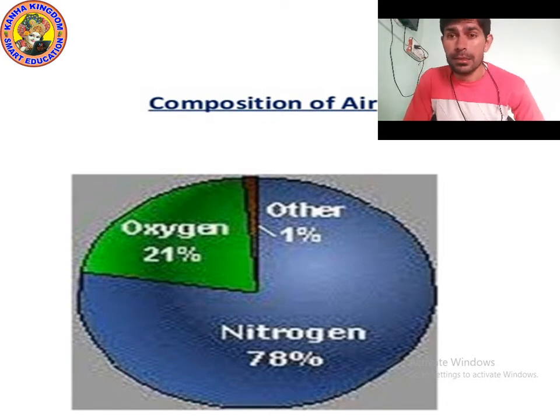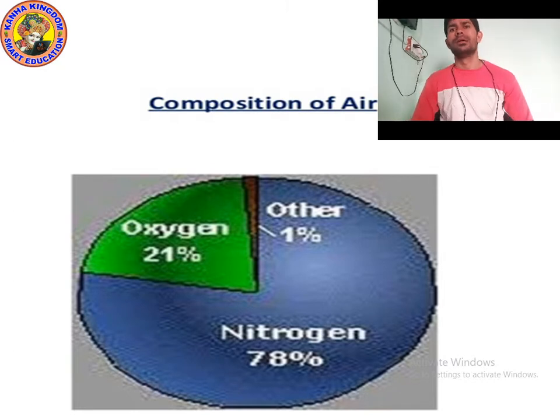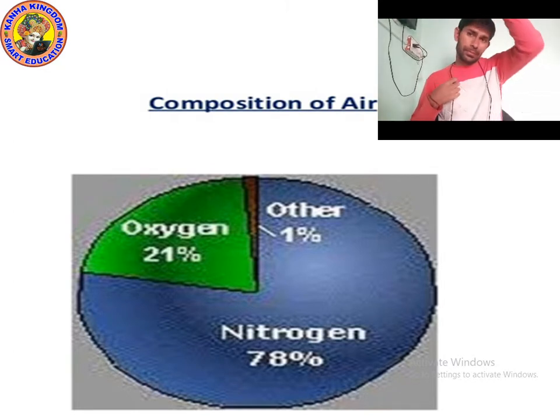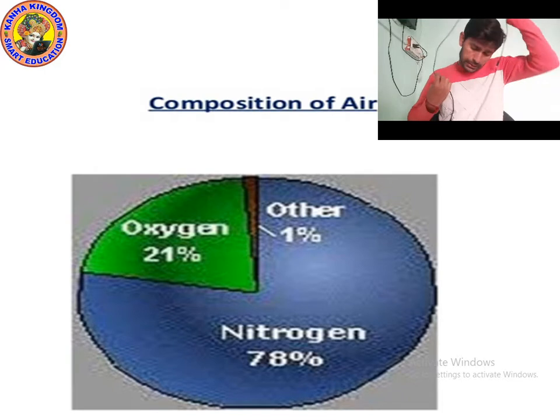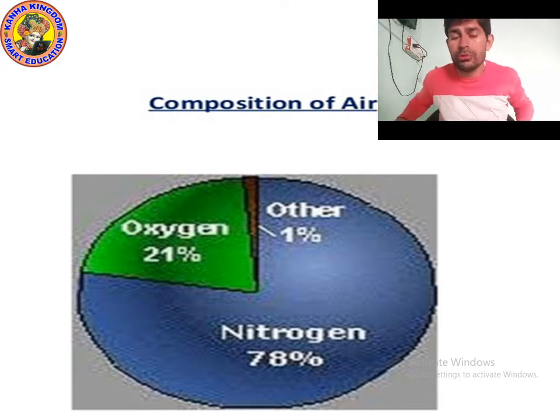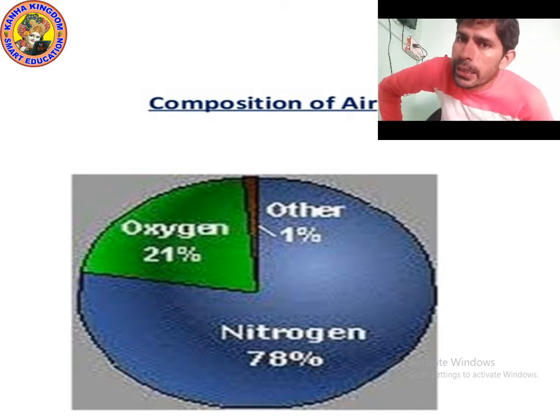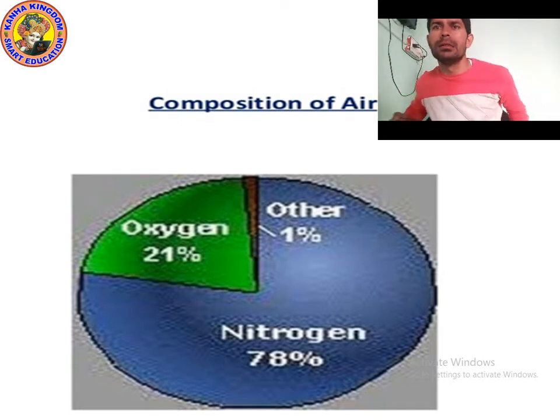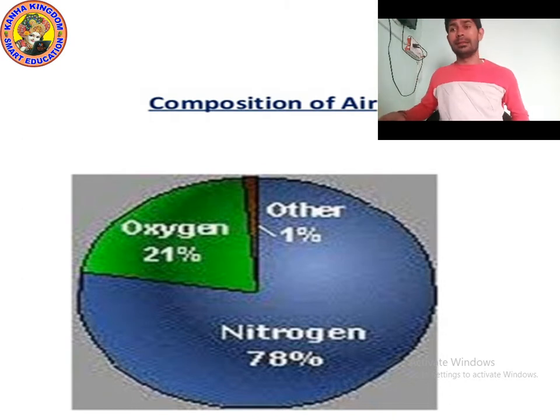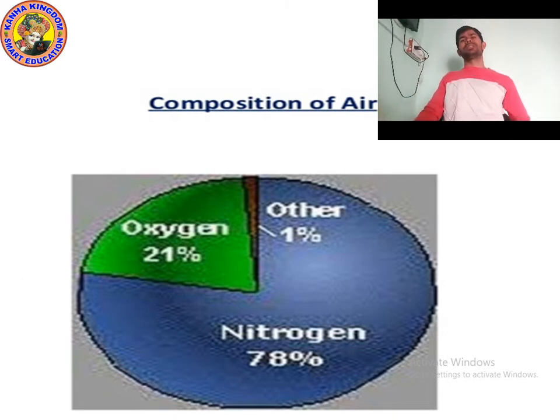It is found most abundantly in air. Oxygen is only 21%, and the remaining gases are only 1%. Means they are very few in quantity.